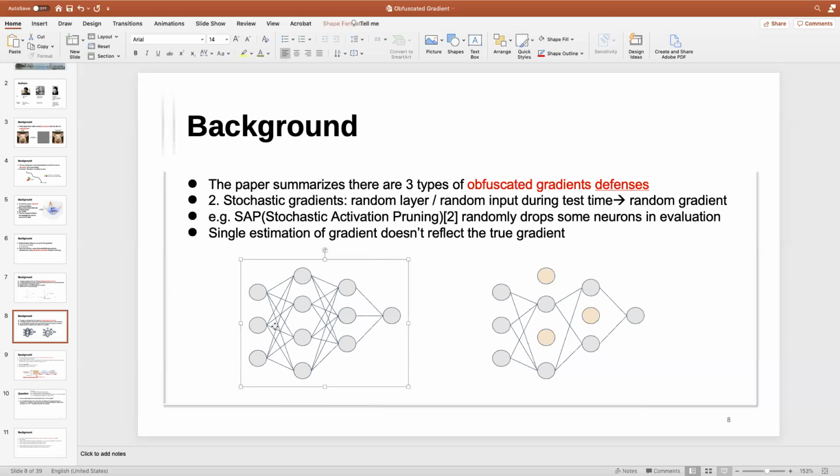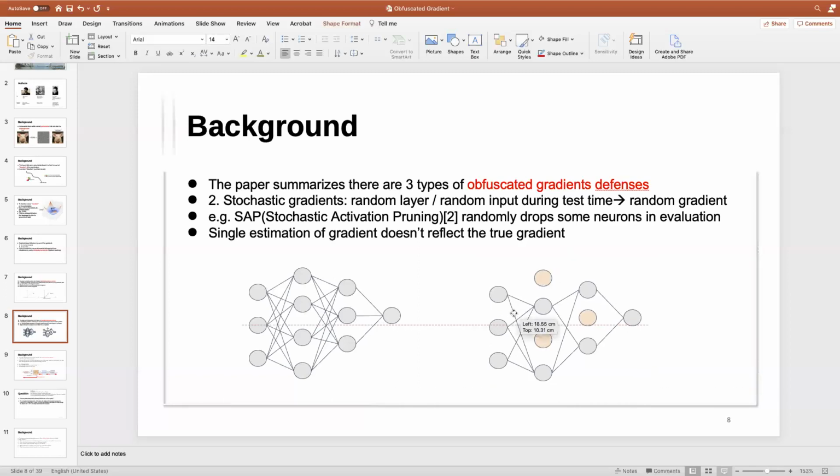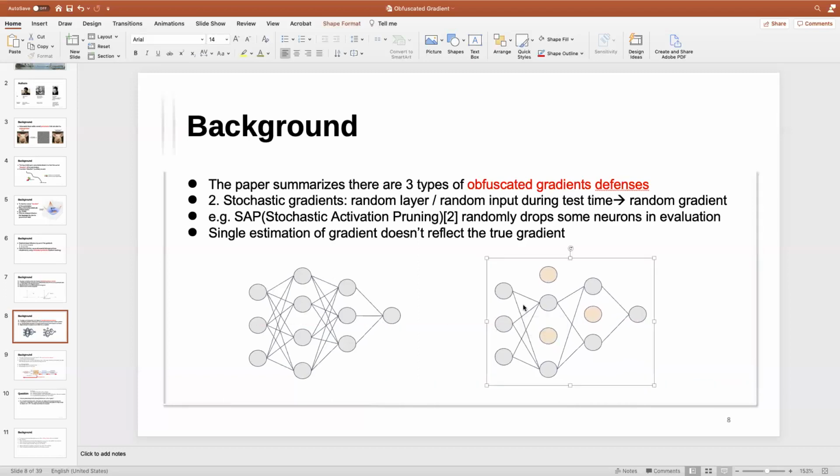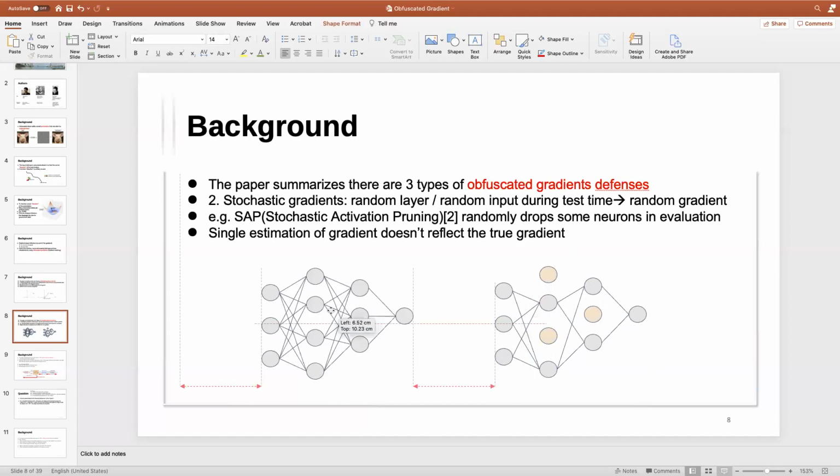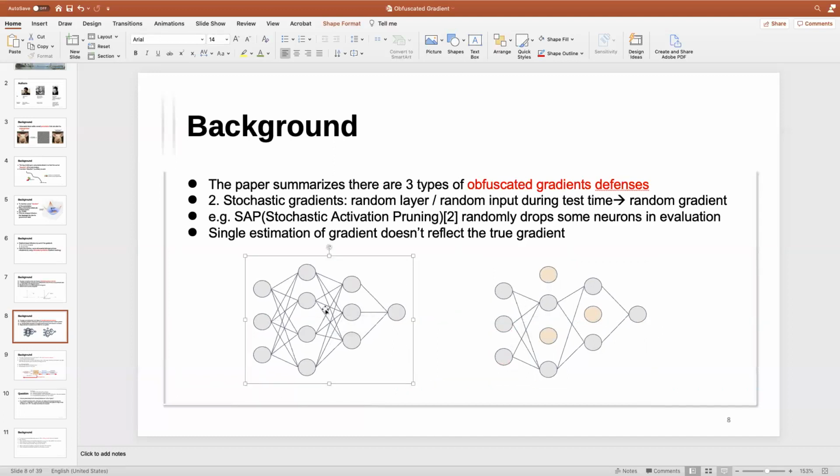But this is an example. You can see some of the weights have been dropped, right? Because those neurons are dropped, the gradient computed on the left-hand side graph is different from the gradient computed when you use the full network.